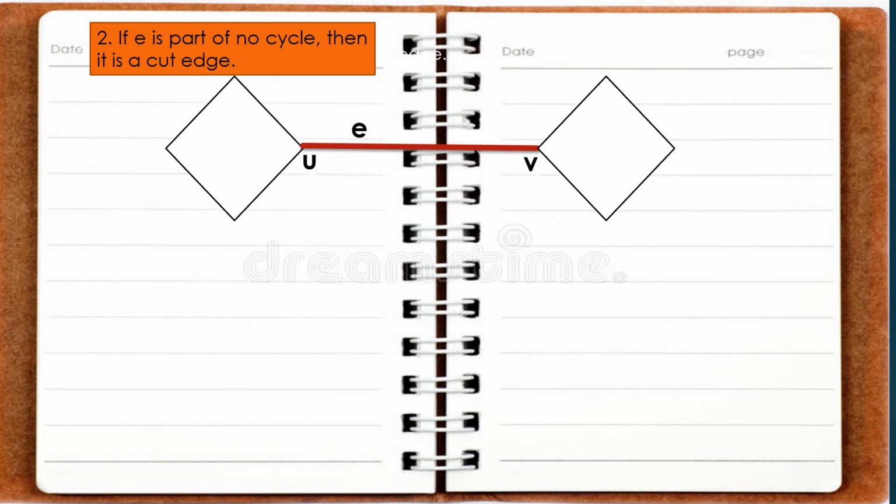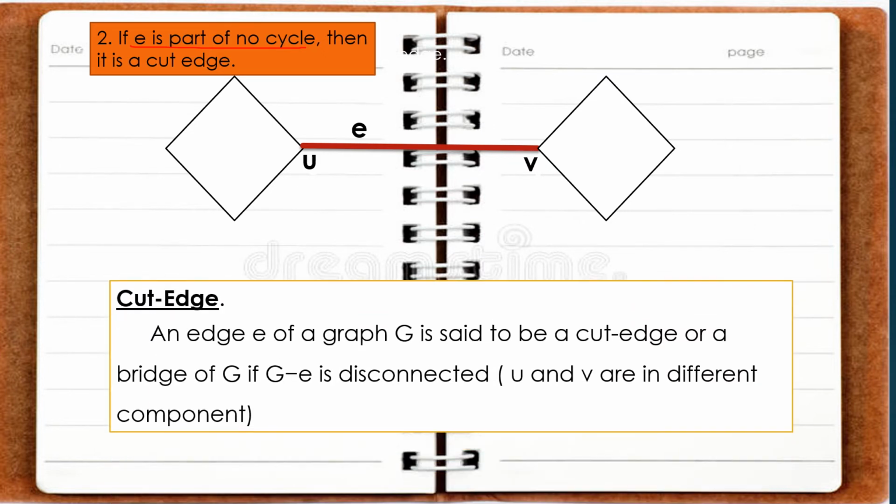Now let us show the proof that if E is part of no cycle, then E is a cut edge. Now in here, this is based on the definition of a cut edge.